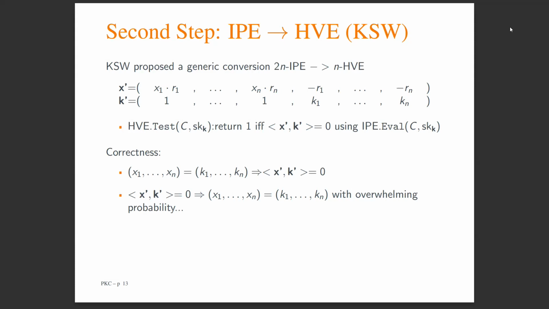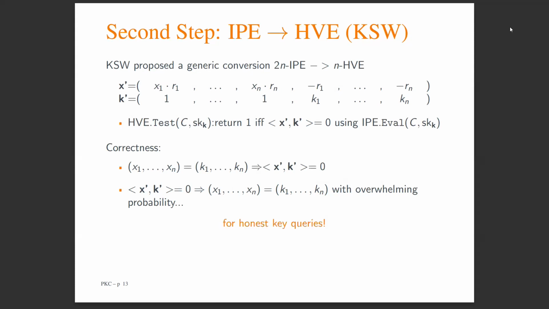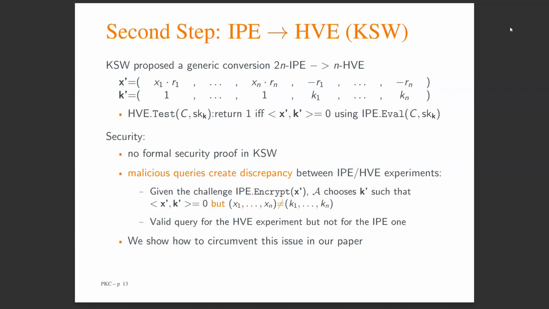But actually, this is only true for honest key queries. And unfortunately, the original paper does not contain a formal security proof for this transformation. To be fair, it was just an application of their work. It was not their core contribution.